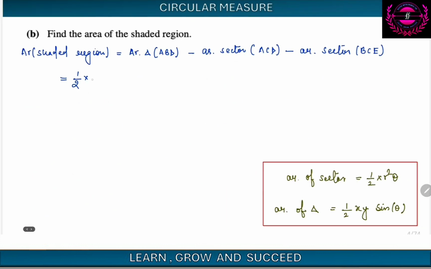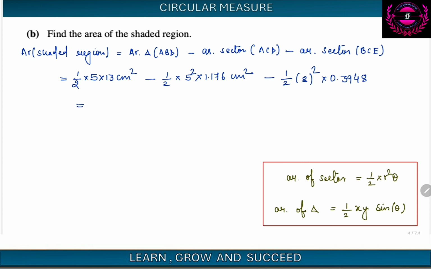So half into base into height, half into 5 into 12 centimeter square, minus the area of sector ACD, which is half r square theta, and r is again 5 square and the value of angle A was 1.176 centimeter square, minus again half r square theta. For BCE, the radius is 8 square and the angle contained is 0.3948. So this gives us the value of the area of the shaded region, which is 2.67 centimeter square. So let's move to the next question.